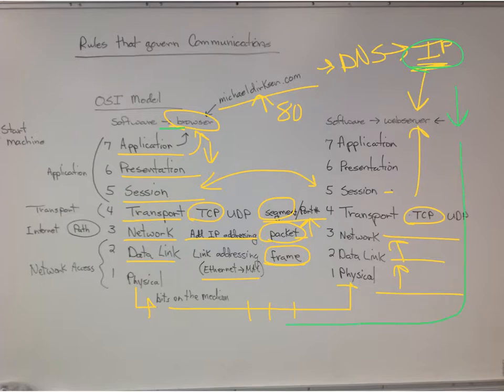Gets put on the wire, gets over here, comes back up, ends up at the browser. And it could be multiple parts, because it's going to get segmented again over here too. So what does the web server send back? Well, it's sending back the HTML. And then the browser on this end interprets the HTML and makes our, in this case, a very simple website for us to look at.